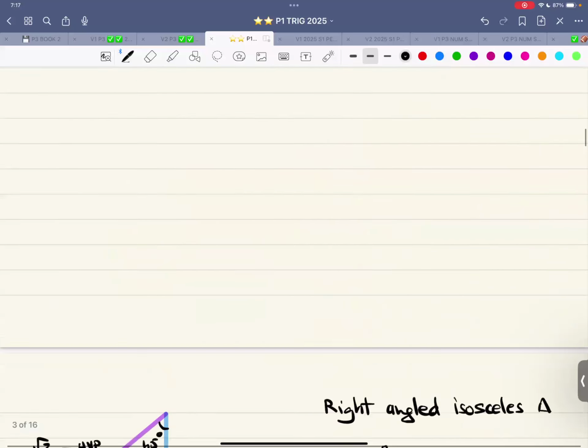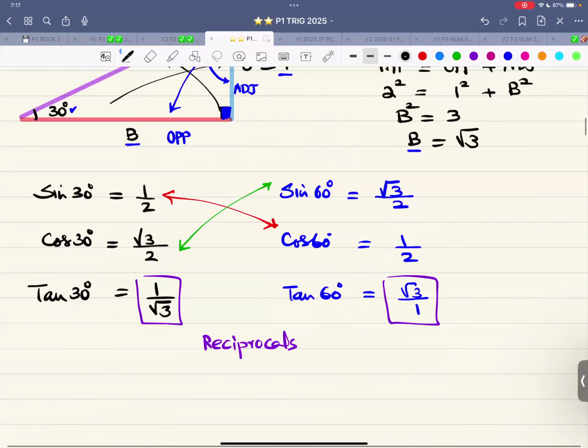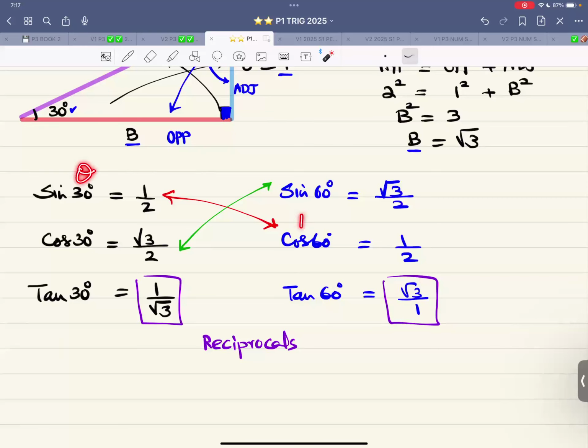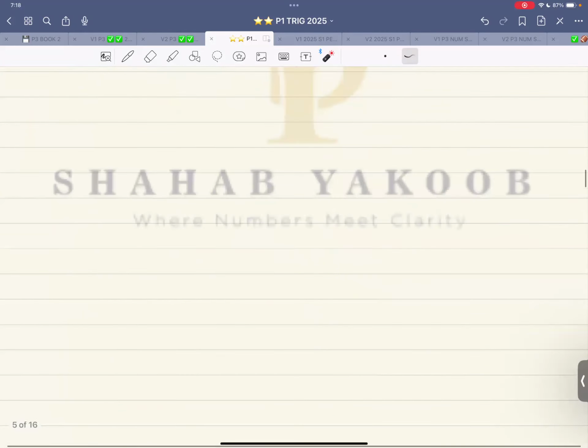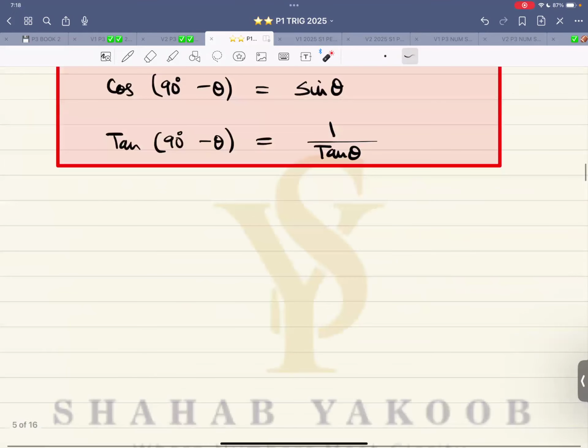That is what you see over here very, very clearly. Sine of 30, cos of 60. 30 and 60 adds up to 90. That means if this is theta, this is 90 minus theta. Cos of 30, sine of 60 is the same, but tan of 30, tan of 60, they are reciprocals of one another. So now this thing is done and dusted.